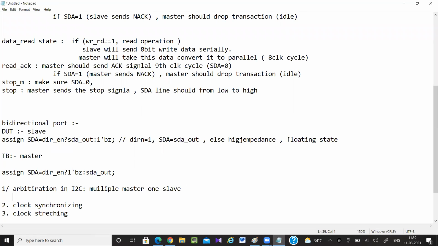Okay, so how does it work? Let master 1 be sending the values 1, 1, 0, 1. Master 2 is sending the values 1, 1, 1, 0.